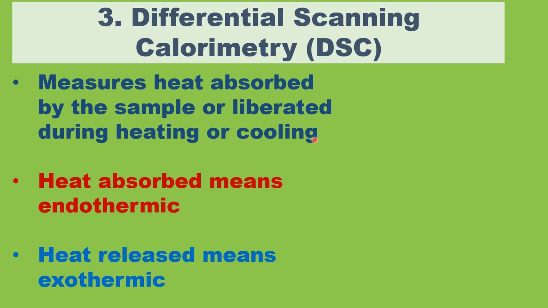That is, how much heat is absorbed by the sample when temperature is increased or when it is cooled. Heat absorbed means endothermic process, heat released means exothermic process.